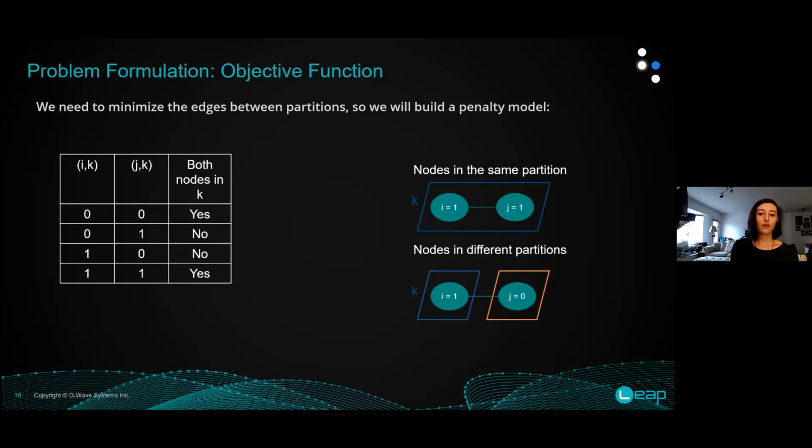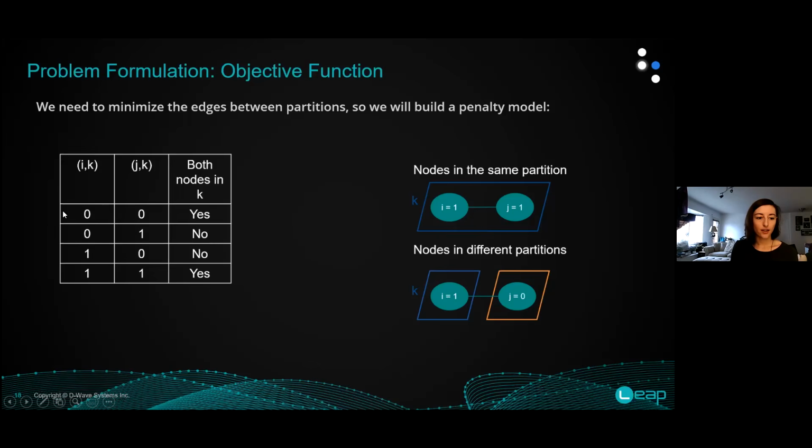We can represent these two scenarios by building a truth table, like on the left here. The first column, x_ik, tells me whether or not node i is assigned to partition k. And likewise, the second column, x_jk, tells me if node j is assigned to partition k.